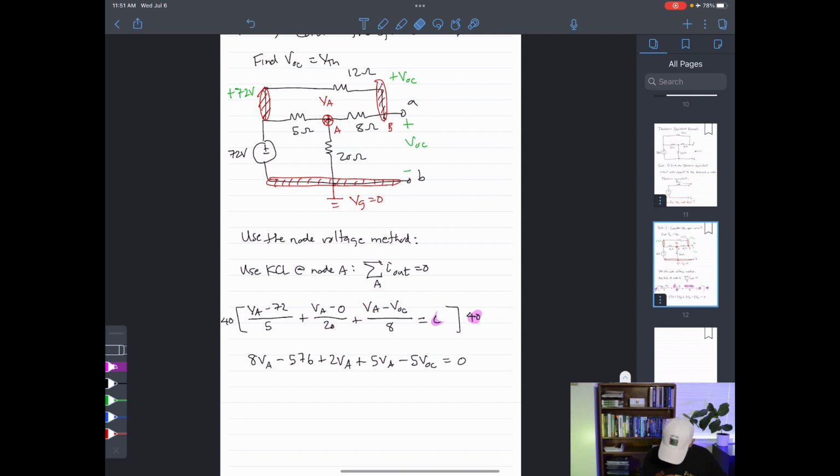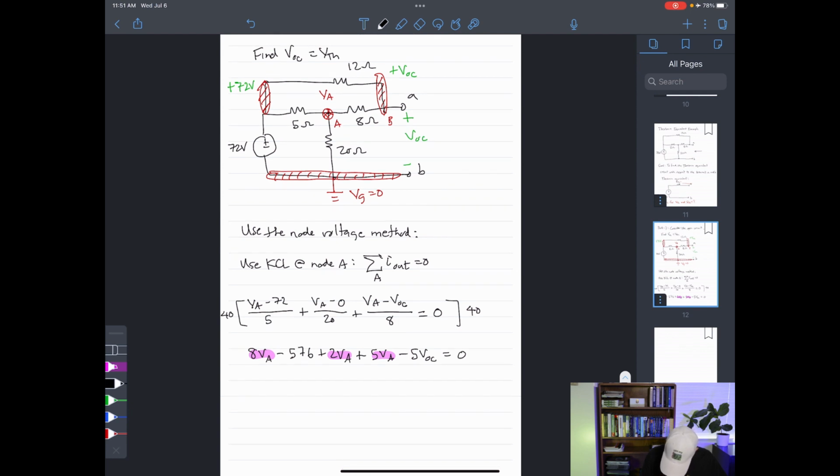I can group my like terms. Notice that I have quite a number of VAs there. 8 plus 2 plus 5 gives me a total of 15 VAs. Then I have minus 5 VOC, and that's equal to 576.